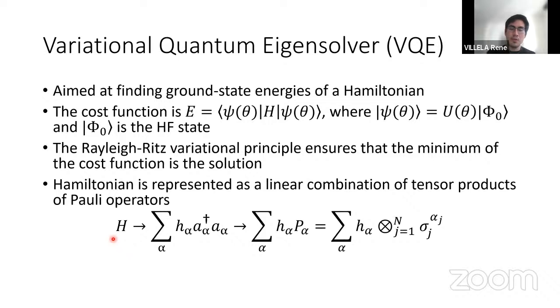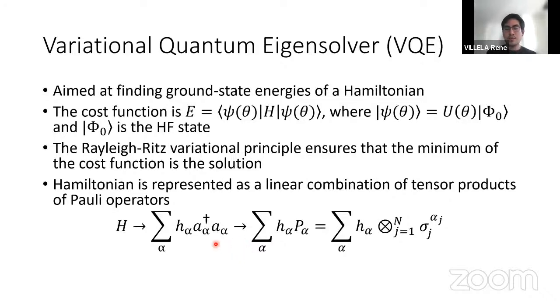So we start with a Hamiltonian, then we can express this in second quantized form using creation and annihilation operators. And we need to express these operators so that they are unitary. And we can use several types of mappings or transformations, among which we have the famous Jordan-Wigner transformation or the Bravyi-Kitaev transformation.